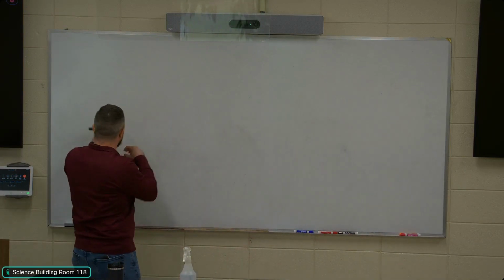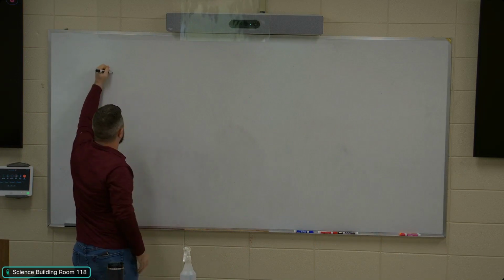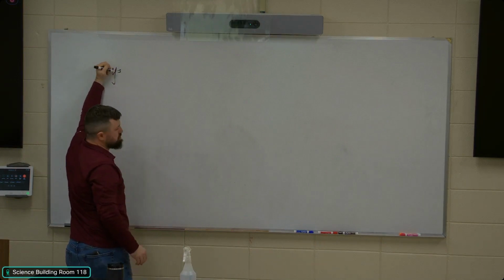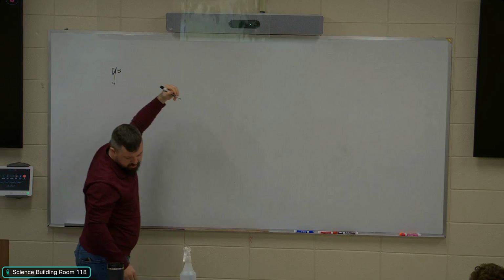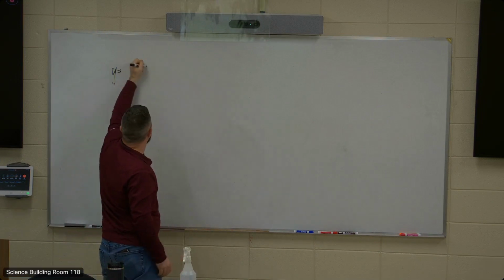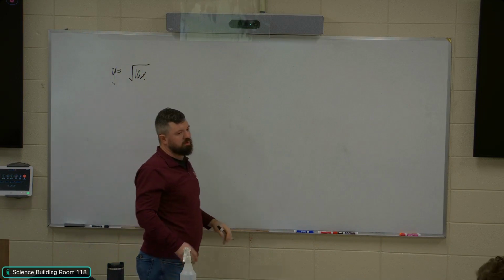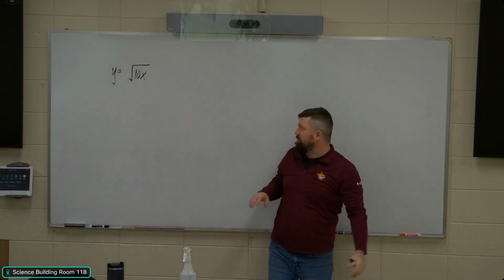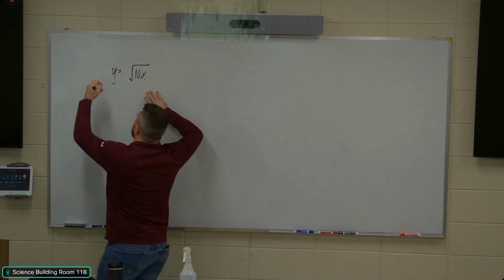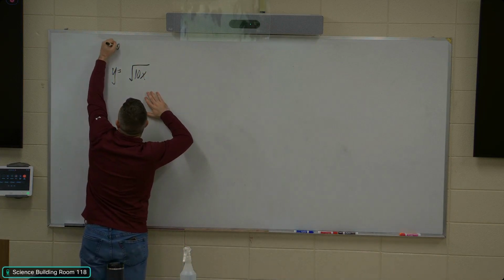Okay, so this is where the game that I was trying to get us going, that's why I walked into the class late. This is where it would have really helped out because I really want to walk around at the moment and watch you take the derivative of this.